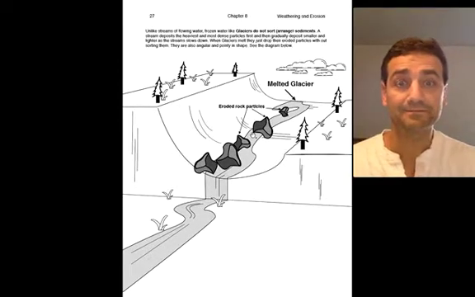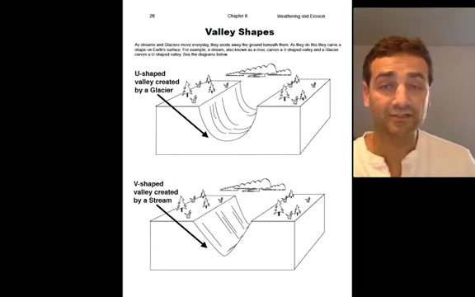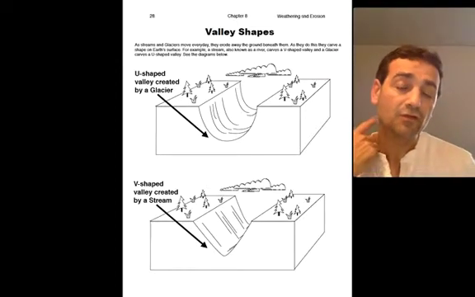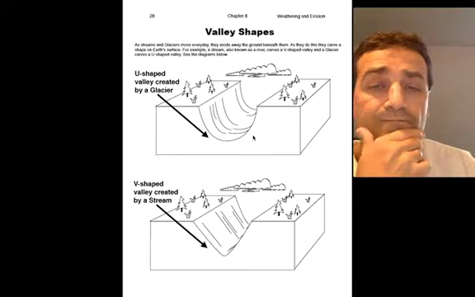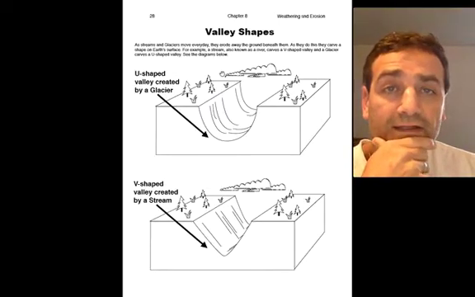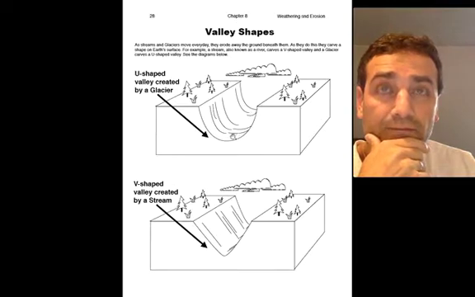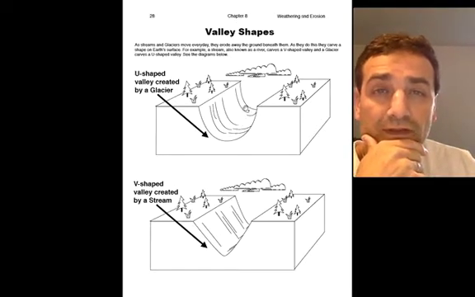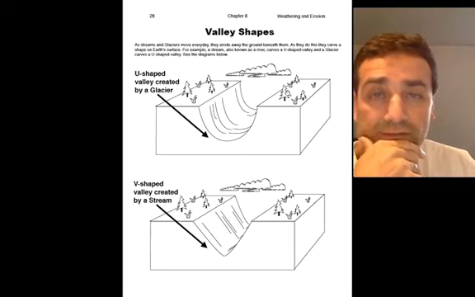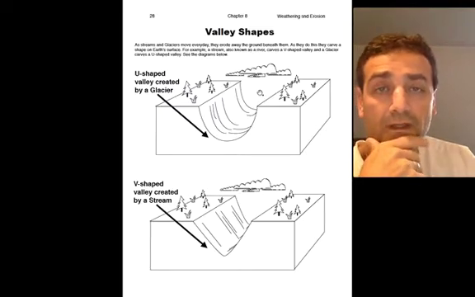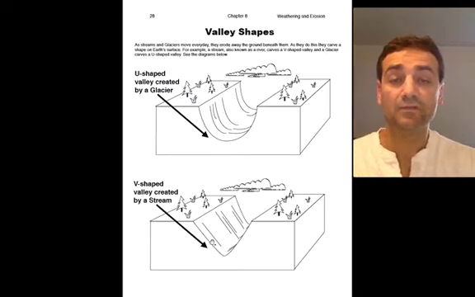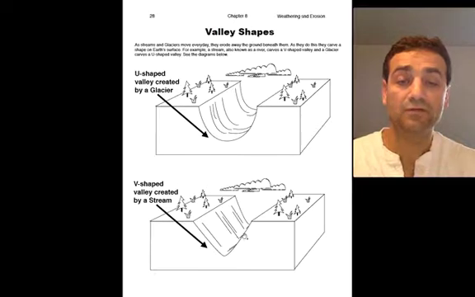Let's move on. Valley shapes. Okay, so if you look here, a valley is an area of low-lying land that is in the middle of two higher areas of elevation. Now if you notice, the two pictures that I drew here have two different shapes.